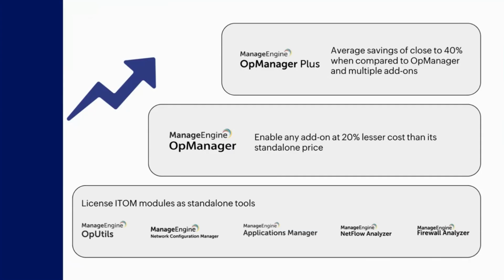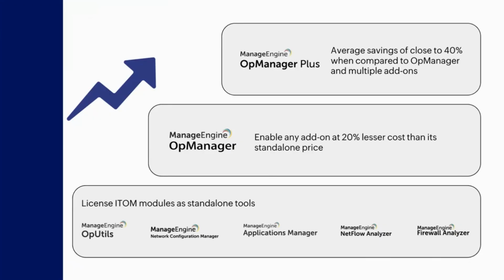If you want to focus only on an NMS tool, then you can go for OpManager. And if you want a bundled package of all these features clubbed in a single product, then OpManager Plus is the suitable option. If you have a specific requirement to monitor and opt for a specific add-on, then you have options: go with the dedicated Network Configuration Manager, Application Manager, Flow Analyzer, Firewall Analyzer, and OpUtils.